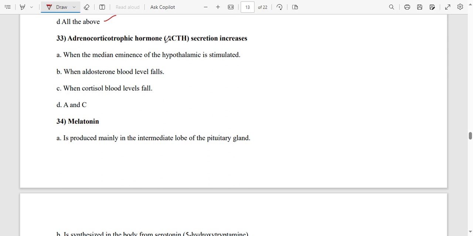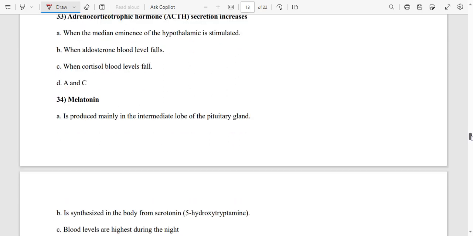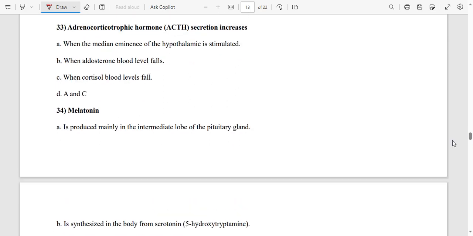Adrenocorticotropic hormone, ACTH, secretion increases when the median eminence of the hypothalamus is stimulated, when aldosterone blood levels fall, when cortisol blood levels fall. A and C. Which one can you pick for this one?